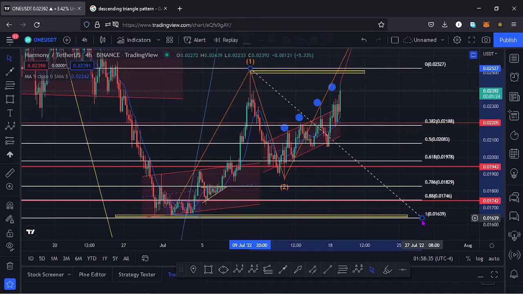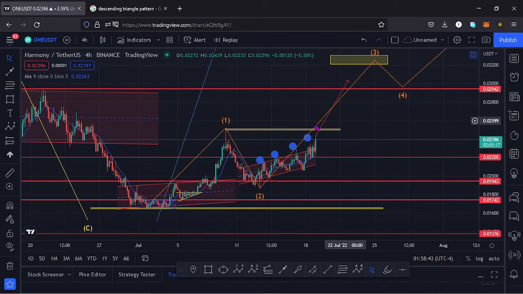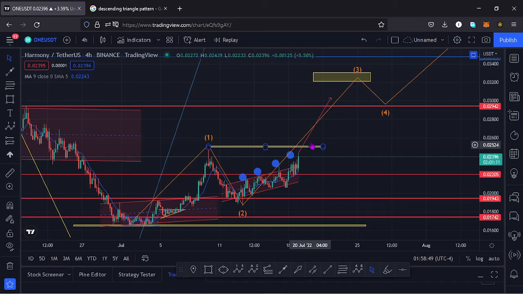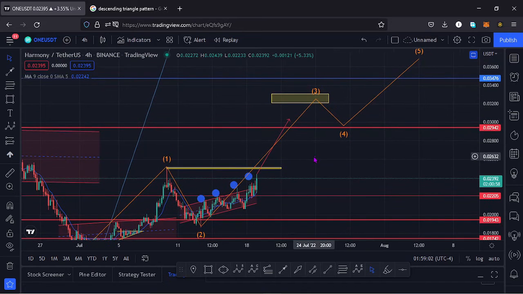And what we have forming at the moment is a wave 3, and for that wave 3 I have the target, and the minimum that I expect that wave 3 to the upper side to do is the area at around the $0.033 mark, which is the target area I've marked out on the chart using the trend based Fibonacci's.